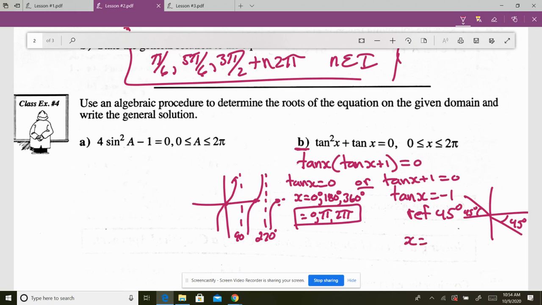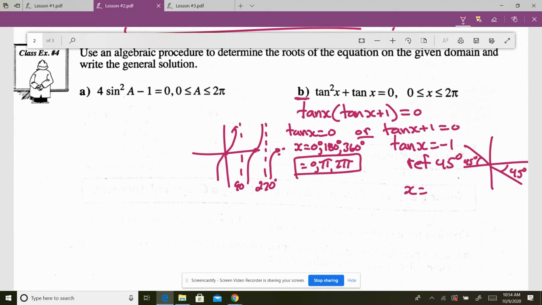So what does x equal for this one? 135. And did you say something else? 315. Can you convert those to radians? How many 45s are there in 135?